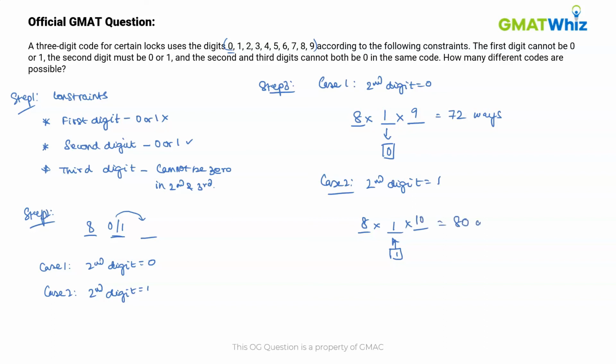This gives us 80 ways. So the total number of codes that are possible will be equal to 72 plus 80, which is equal to 152 ways, which is our option B.